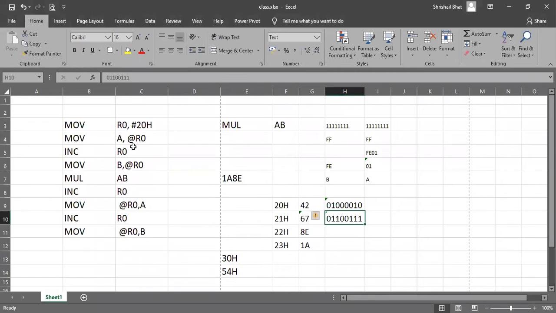So in division, the instruction is DIV AB.